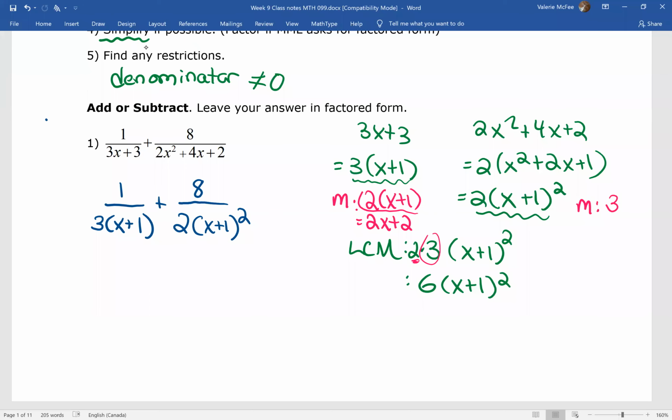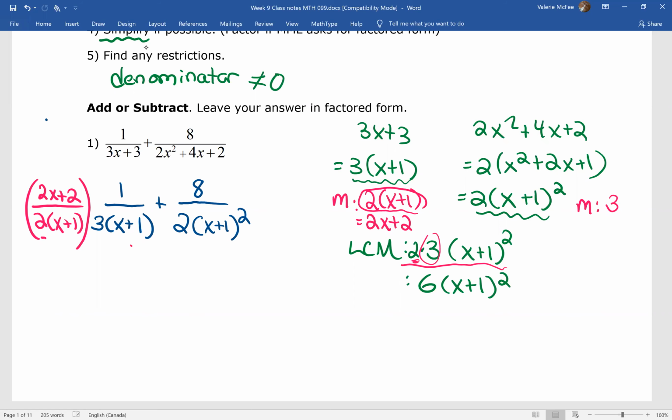I'm missing 2 and x plus 1. So if I write that here as 2 times x plus 1, I can see now that this denominator is the same as my lowest common multiple. It has 2 times 3 and 2 factors of x plus 1. That means I also need to multiply the numerator by 2 times x plus 1, or 2x plus 2.